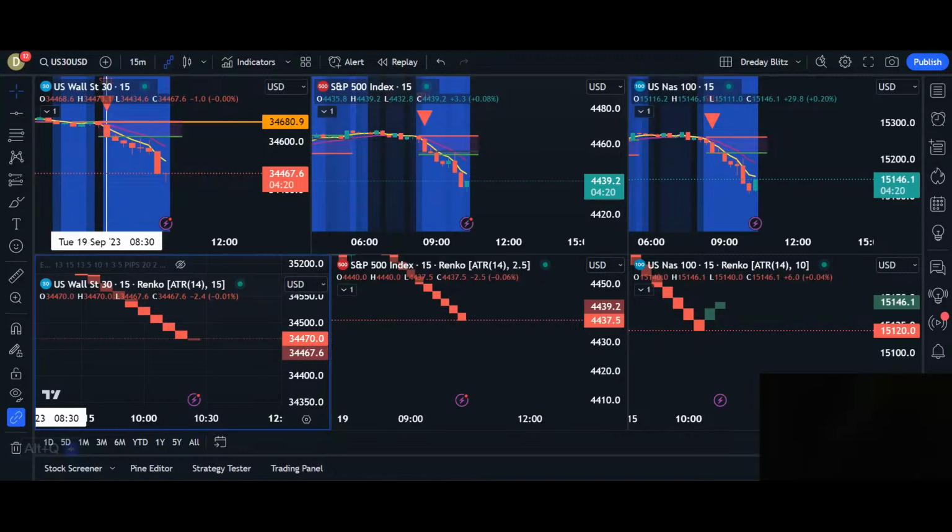If you're looking for a sell, as we're seeing right now, you should see the Renko bars going down. And when the Renko bars are pushing up and you confirm that they are up, you're getting out of the trade.